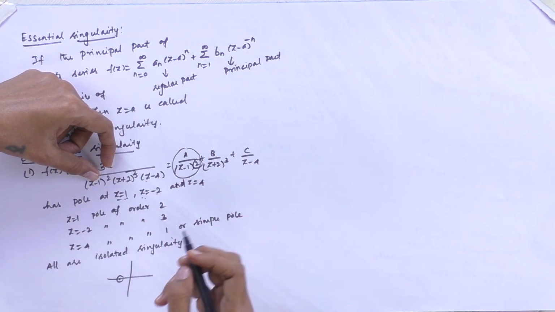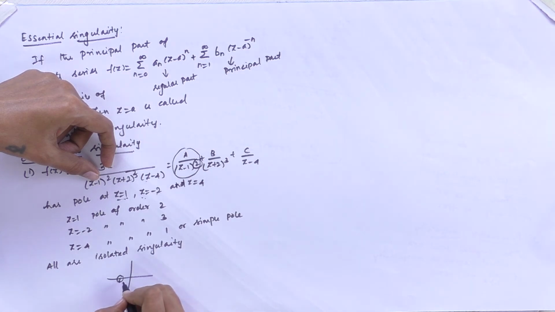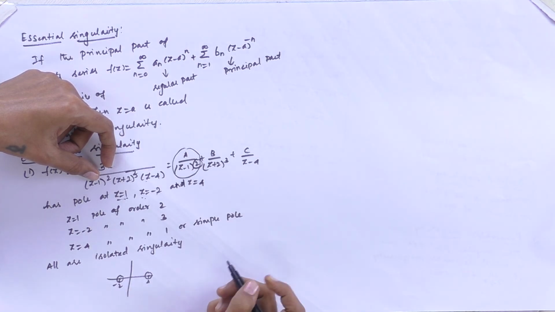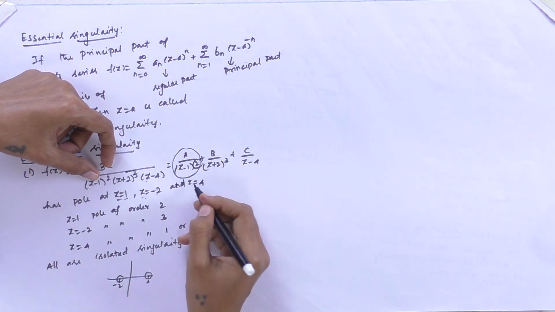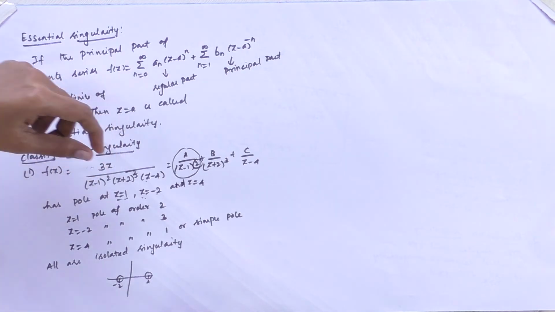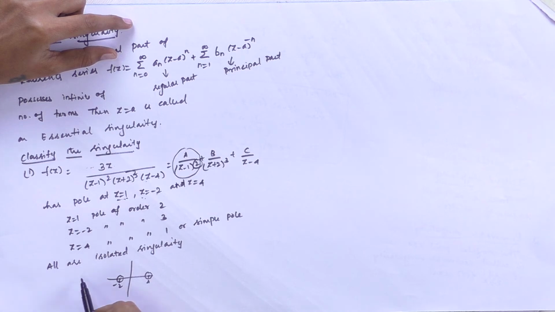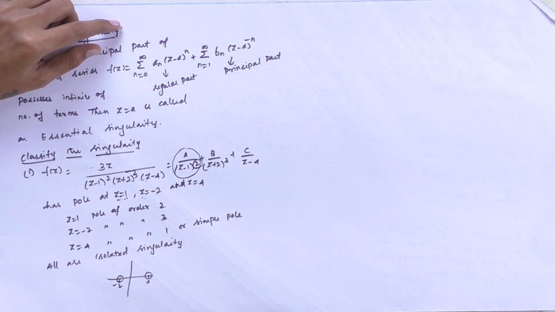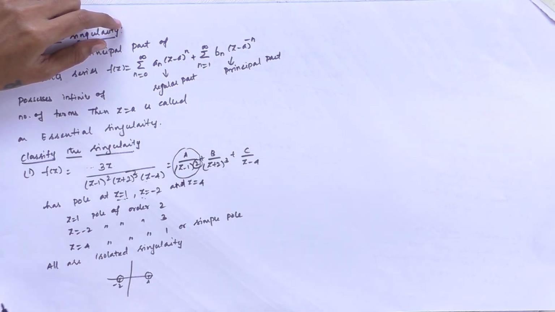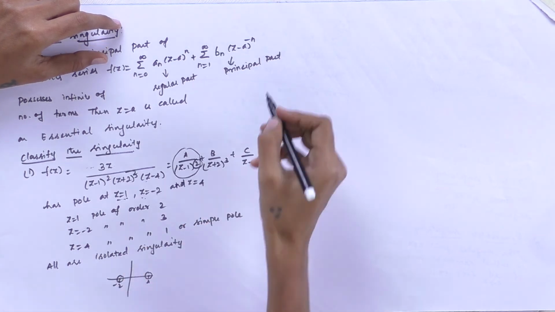And also at the point z equal to 4, I can draw a smallest circle as much as possible which contains no other singularities other than 4. So therefore I can say that this is the only singularity. So all are isolated singularities in their smallest neighborhood.